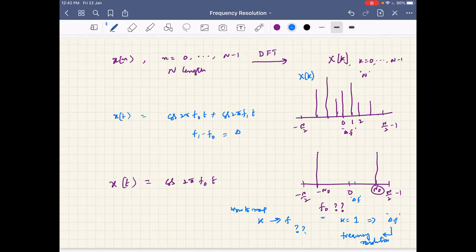If this delta is very small, and I do this process of discretization and find the FFT with some N points, can I identify this delta at two different samples in the frequency domain? Can I distinguish it as a delta k change at two different samples, or will this frequency gap merge into a single k?